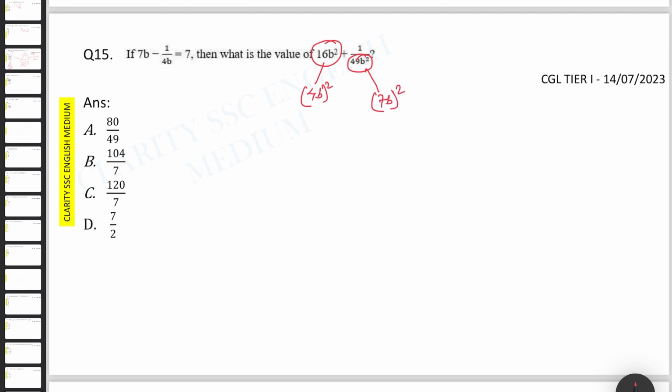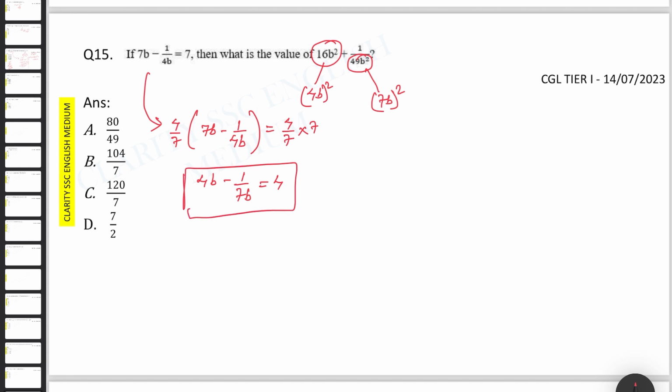So see this in the numerator in the form of 4b and denominator in the form of 7b. So multiply by 4 by 7 on both sides. 7b minus 4b is equal to 4 by 7 into 7. So we'll get 4b minus 1 by 7b is equal to 4.